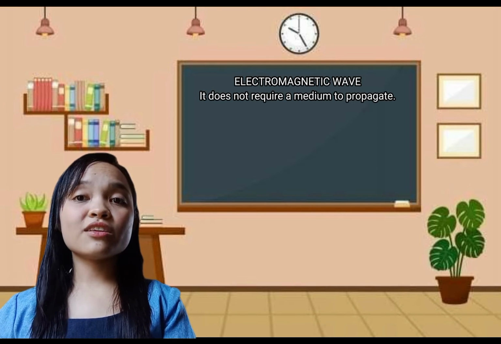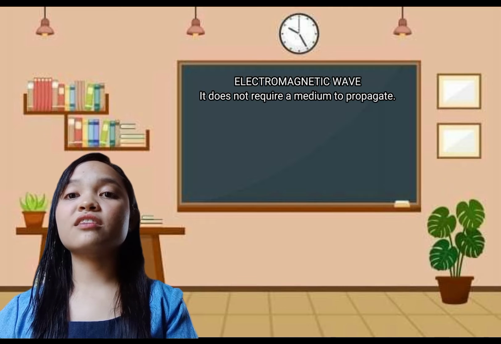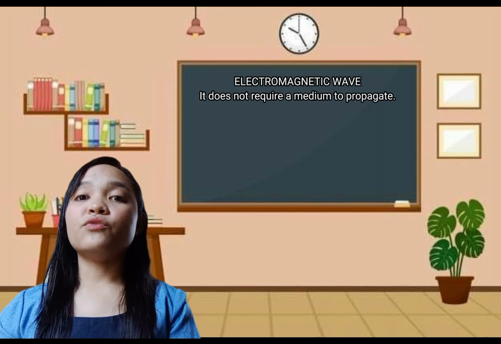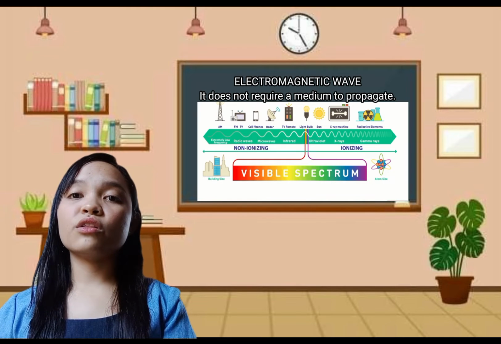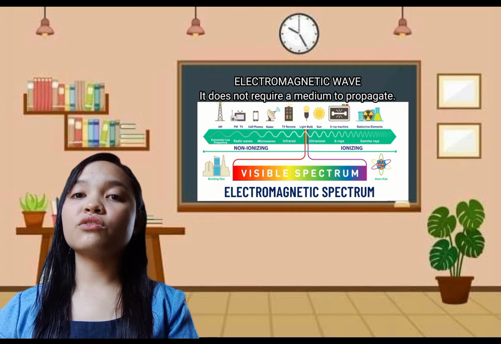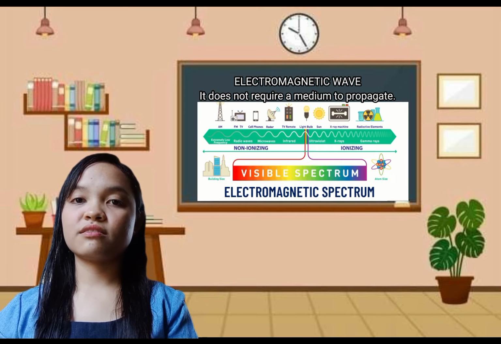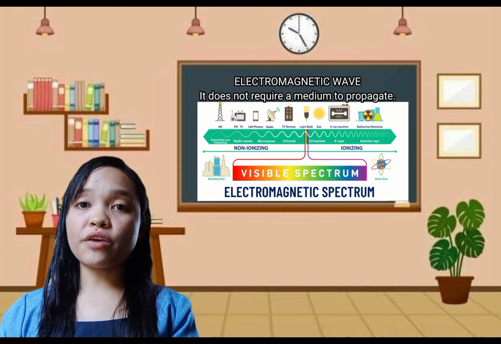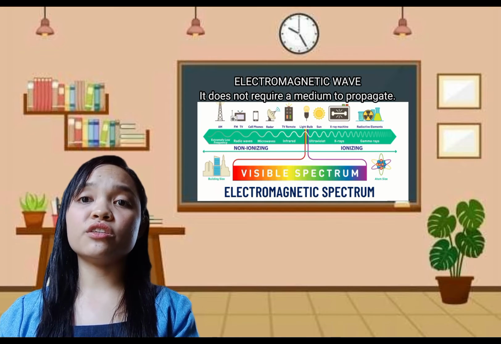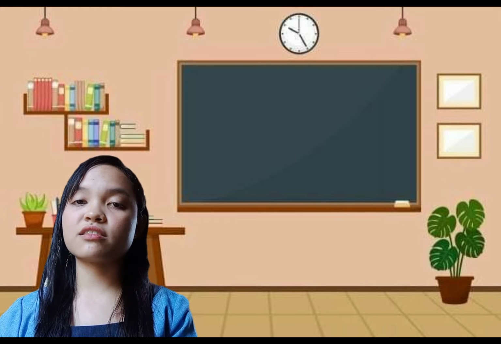An electromagnetic wave, on the other hand, does not require a medium to travel. Radio waves, visible light, microwaves, and X-rays are examples of electromagnetic waves. These electromagnetic waves are organized in an electromagnetic spectrum according to their frequencies and wavelengths.